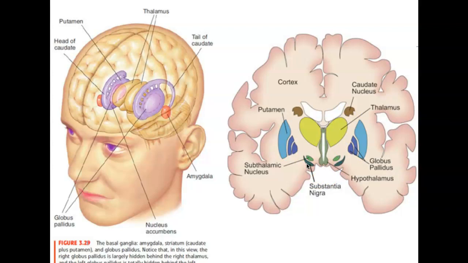Now, how were all these experiments done to actually figure out that the basal ganglia is involved in the direct input into the motor pathways? So actually, a lot of these experiments were done in decorticate animals. Decorticate animals are animals where the cortex has been removed. If you remove the cortex, what are you left with?